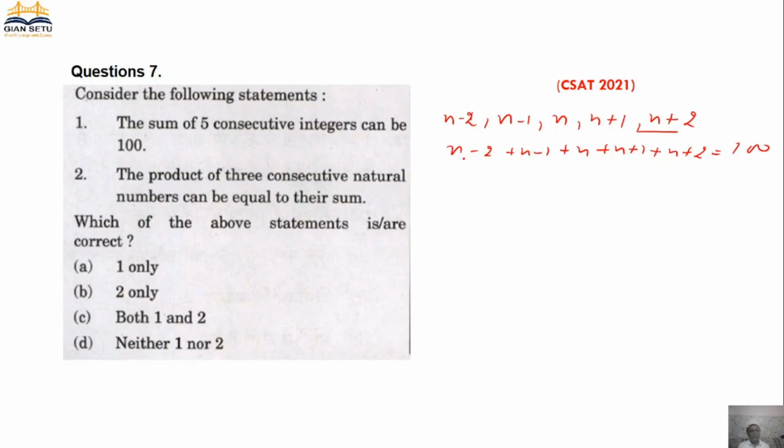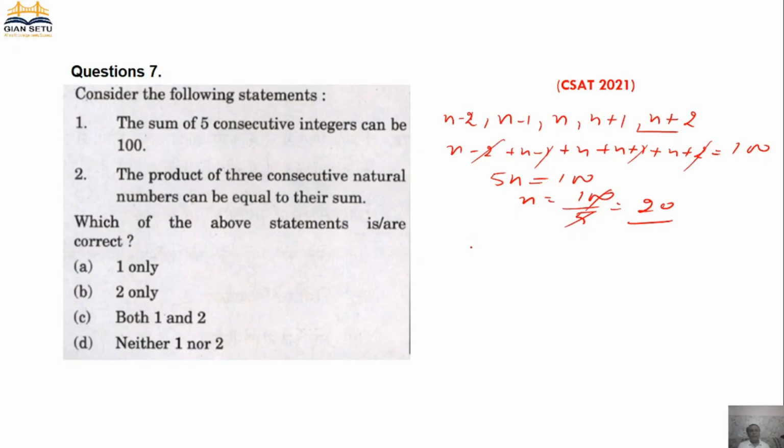Now we see we get 5n, as minus 2 gets cancelled out with plus 2. We get 5n is equal to 100. n is equal to 100 divided by 5, we get 20.